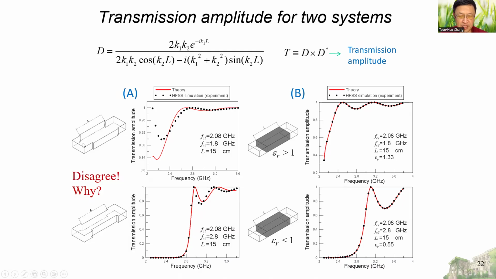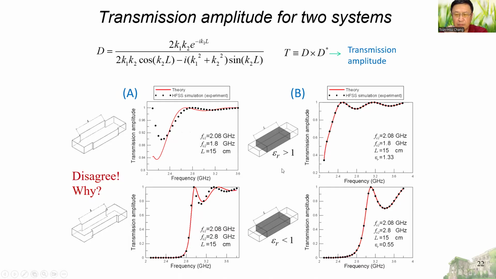The cutoff frequency for this section is 2.08, but here it is much higher, much slower, so they do not agree. And here the cutoff is increased a lot, so the wave cannot propagate. So in this region it is correct, but in this region it is incorrect.